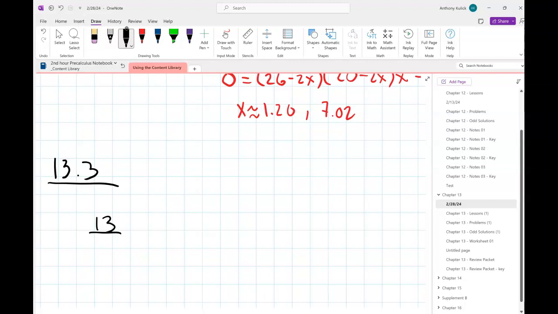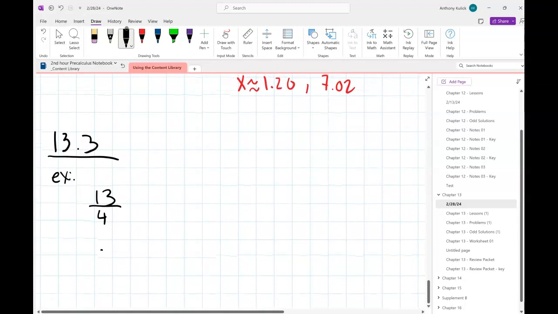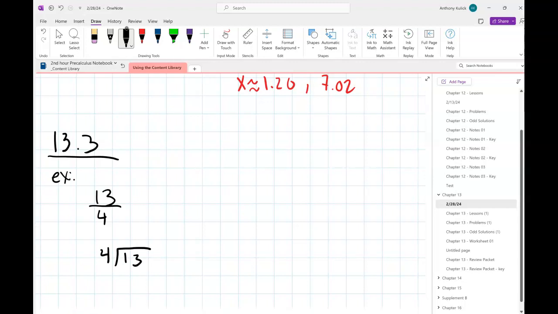All right. So let's say that we have the fraction 13 over 4. And I want to write this as a mixed number. So remember back, what would we do? We would do some division. How many times does 4 go into 13? 3. So 3 times 4 is 12. We subtract down, and we get remainder 1, right?